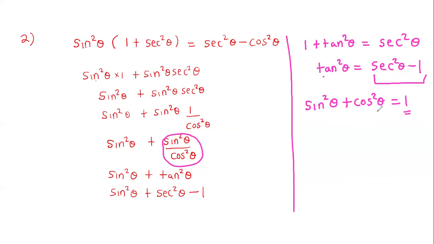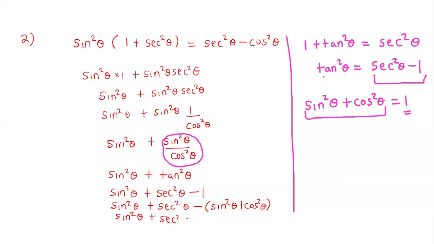Now, where there is a 1, I am going to substitute with this. So this is sine squared theta plus my sec squared theta minus, where there is 1, we are going to put sine squared theta plus our cos squared theta. Now you can open the brackets, you get sine squared theta plus our sec squared theta minus sine squared theta minus the cos squared theta.